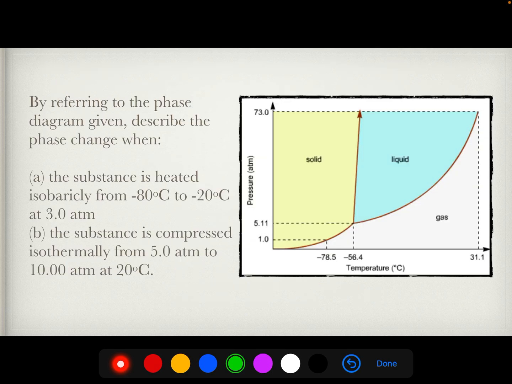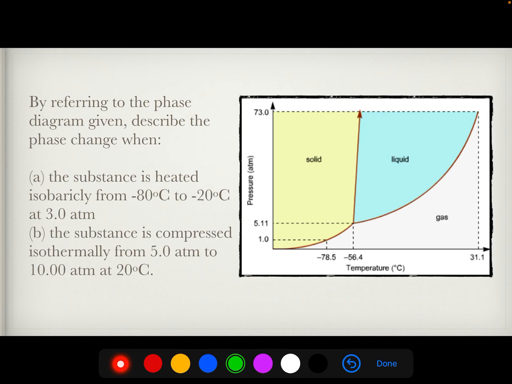Alright, next question. We were asked, by referring to the phase diagram given, to describe the phase change when the substance is heated isobarically from negative 80 degrees C to negative 20 degrees C at 3.0 atm. So we are going to refer to the phase diagram and look at the given pressure and temperature.